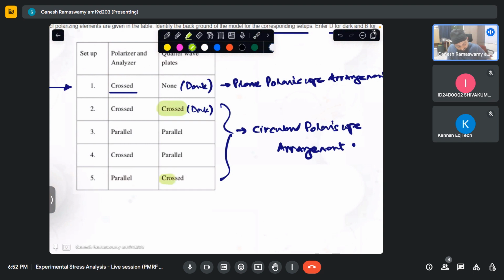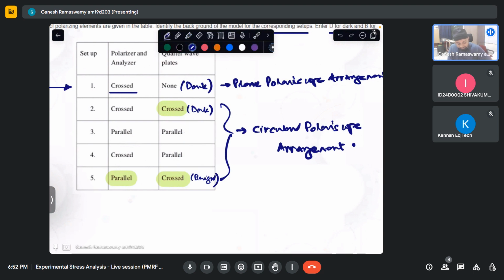Similarly, when the quarter wave plates are crossed, but the analyzer and polarizer are kept parallel, in such a case this will be a bright field, because KEI omega t passes as is. Similarly, using a similar logic, you can attempt these two.